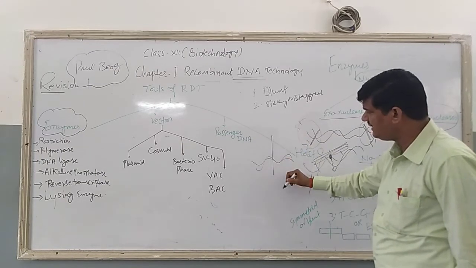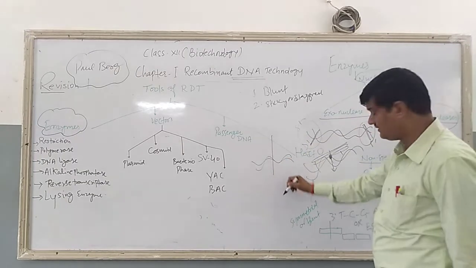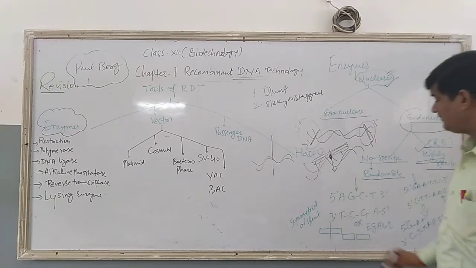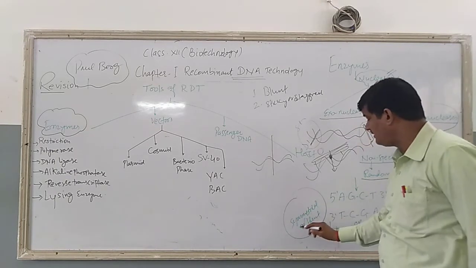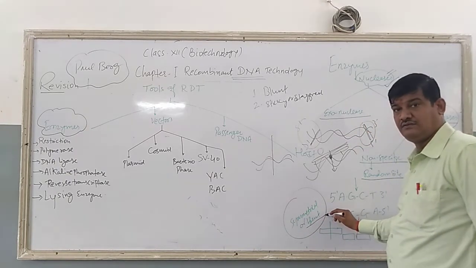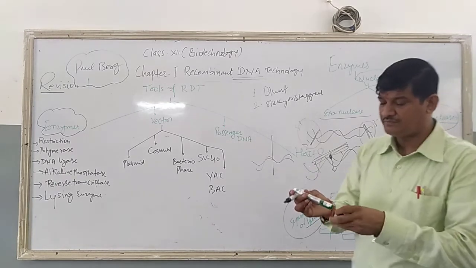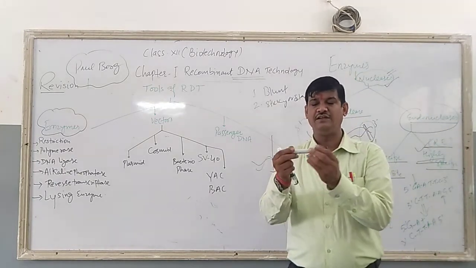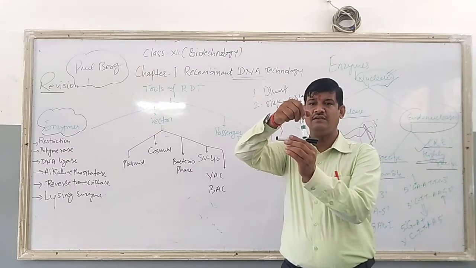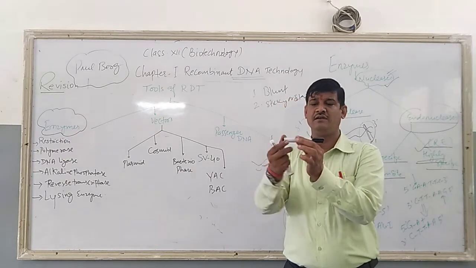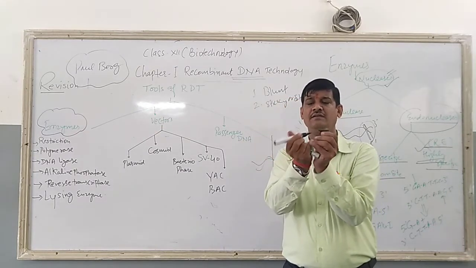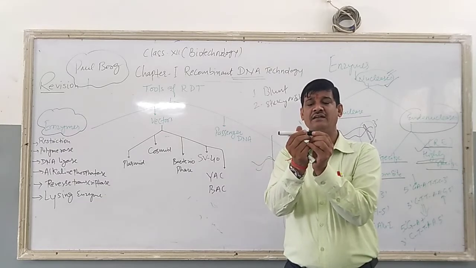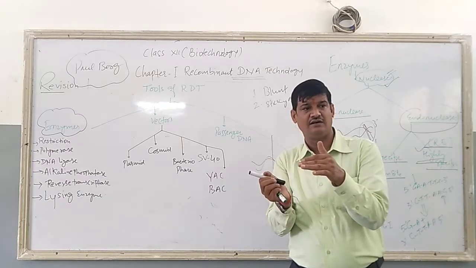Therefore, it is also known as symmetrical or blunt. Suppose this is the DNA, and here the endonuclease works and makes the cut, then it will be like this. The entire segment of the DNA is cut out.